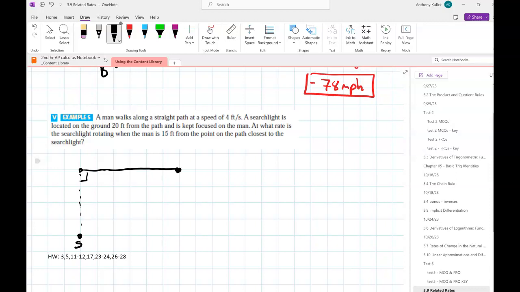We're just going straight perpendicular to the path. That's where the searchlight must be. This is where the man has ended up. The searchlight was on him here, and as he walks along, it's continuing to follow him all the way to the end, right? So this thing is turning and rotating like a spotlight.